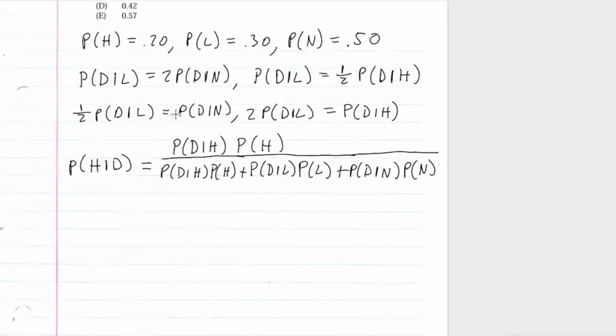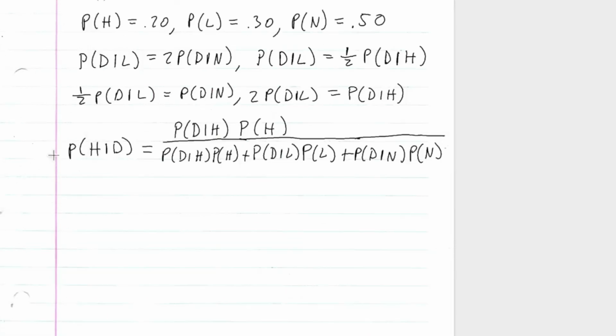So the probability of D given H is the same thing as 2 times the probability of D given L.